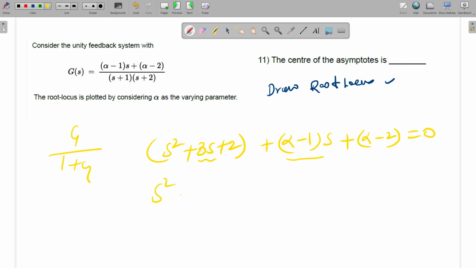So we can write s square plus (3 plus alpha minus 1)s, but we have to take all this in terms of alpha. One second.